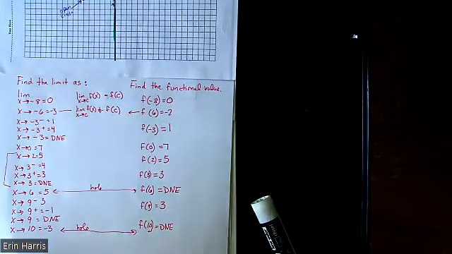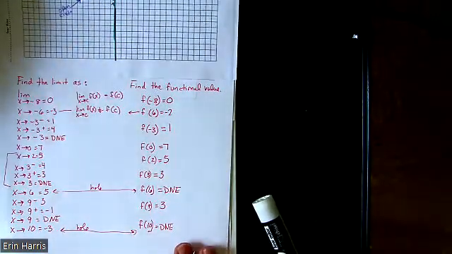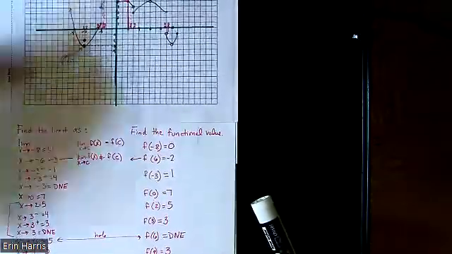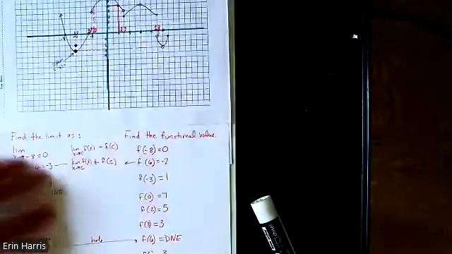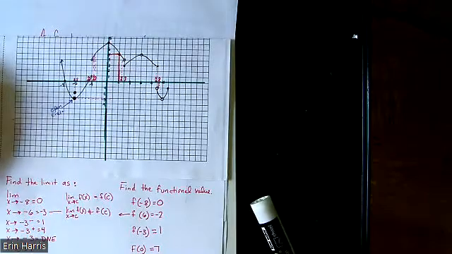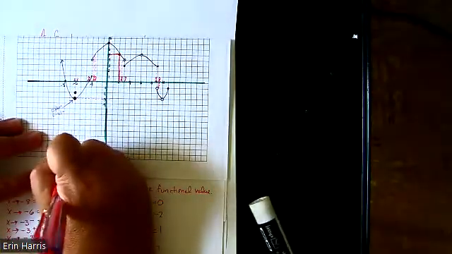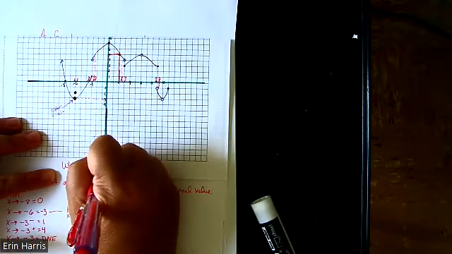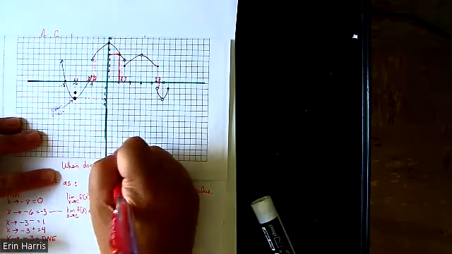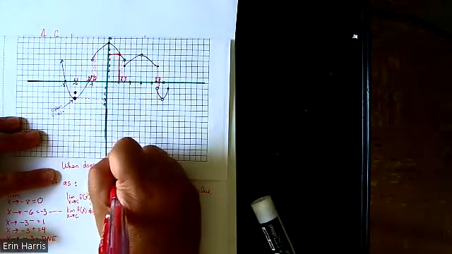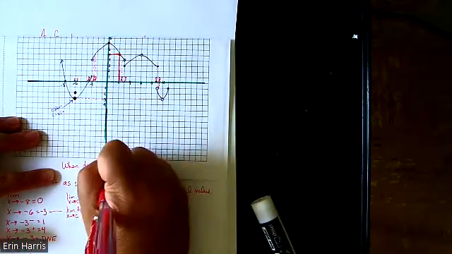Now, let me just contrast what we just did with this question. Okay, a limit and a functional value, we're finding y values. What if I gave you this question? When does f of x equal 6?